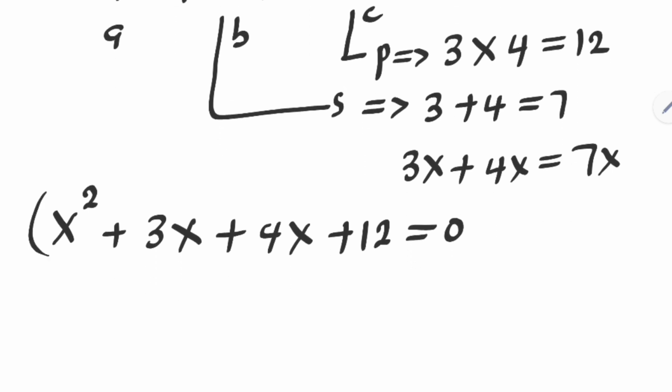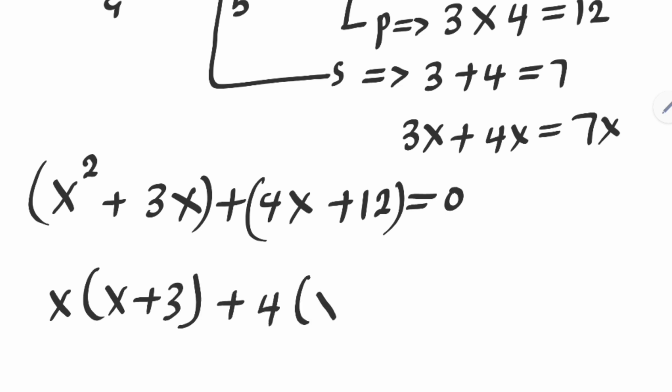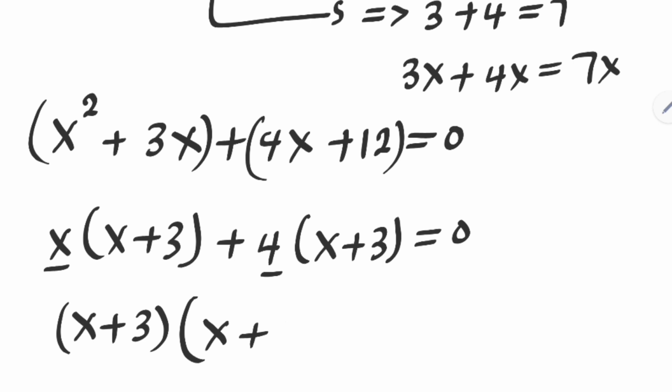Now we group this and this, then this and this: x bracket x plus 3 plus 4 bracket x plus 3 is equal to 0. x plus 3 is common, so let us bring it out: x plus 3 bracket x plus 4 is equal to 0.